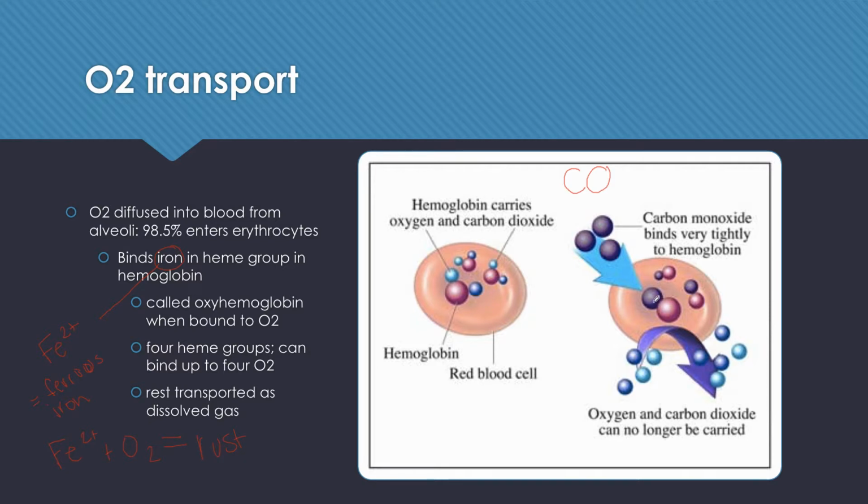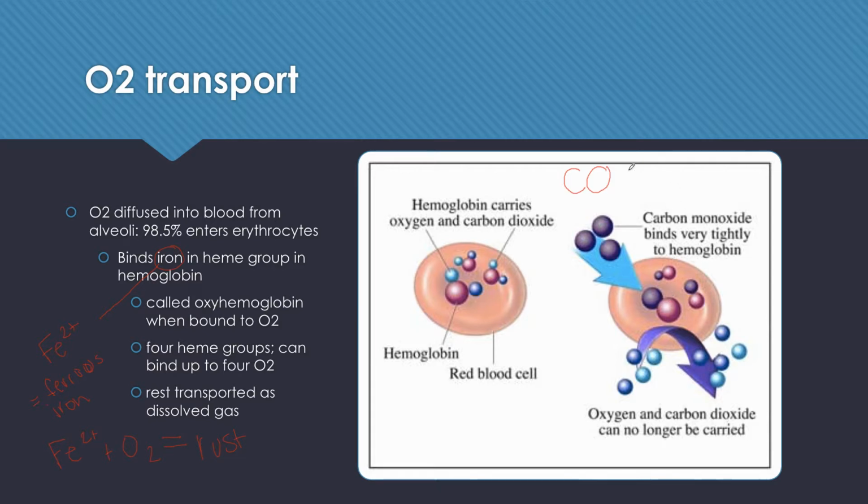So it will effectively kick these other gases off of the hemoglobin and bind virtually irreversibly to hemoglobin. That means you can breathe as much as you want, you can ventilate your lungs all day, but the oxygen that you are inhaling isn't sticking to the hemoglobin that you have because carbon monoxide is instead.